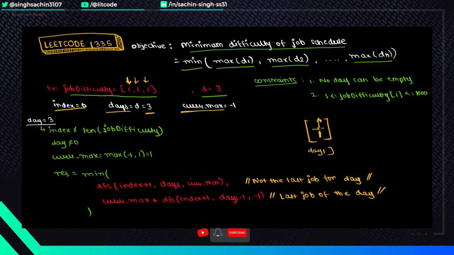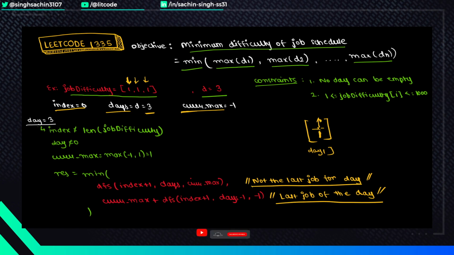So these are the 2 conditions which we are going to look at. The first is that the job we just did was not the last job for the day, and we will add more jobs to it. The other condition is that the job we just performed was the last job for the day. So these 2 will be the conditions.